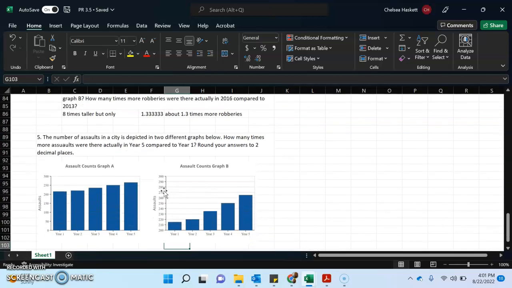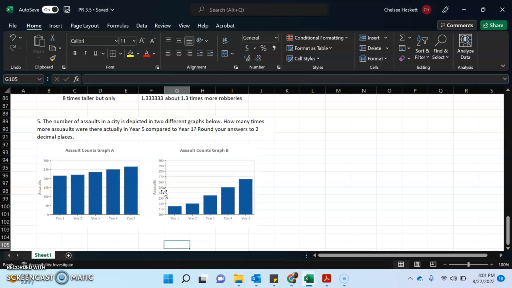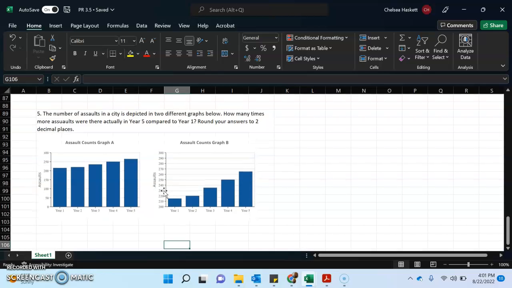Number 5, the number of assaults in a city is depicted in 2 different graphs below. How many times more assaults were there actually in year 5 compared to year 1? Again, I would definitely look at this chart, graph A, because it starts at 0. It is zoomed in, so it's easier to find those numbers.